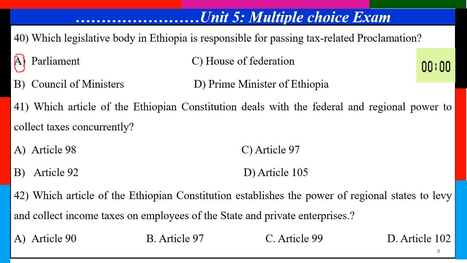So the right answer for this one is Article 98. It clearly talks about the concurrent power or the joint power of the federal and the regional state to collect or levy the tax.